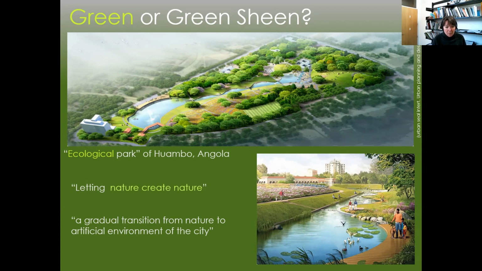There's a homogeneous bed of flowers there with very low diversity. And chances are they might just rip the whole thing out and put in new annuals to make it look pretty. So it looks like it's green and healthy, but it's really just green sheen, and that's really what we want to avoid our students creating.